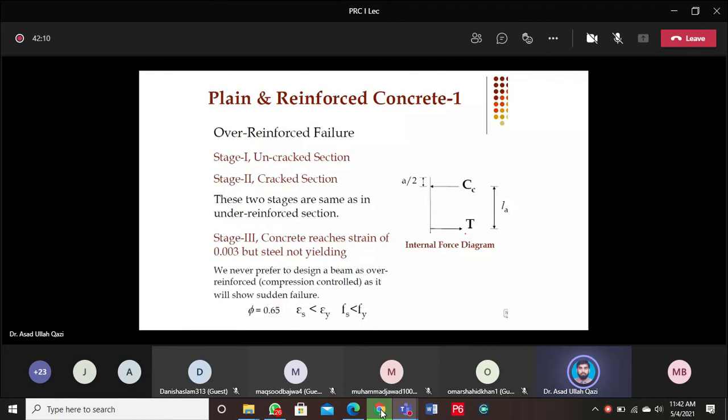Then comes stage 3, that concrete reaches the strain of failure, the ultimate strain. But at that instant, steel is not yielding.